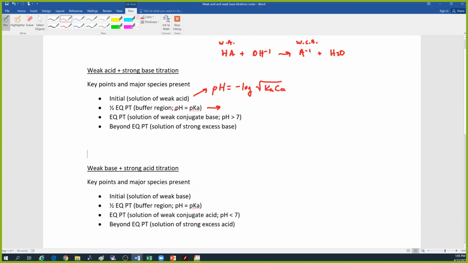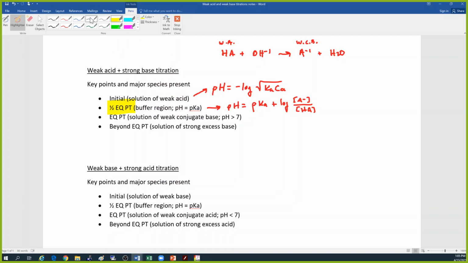And we learned that for buffers, the pH can be calculated using the Henderson-Hasselbalch equation. If we wanted to pick different points along that equation, we could calculate different pHs. But the main pH that we're interested in is specifically the half equivalence point.